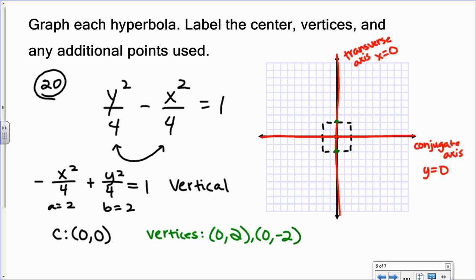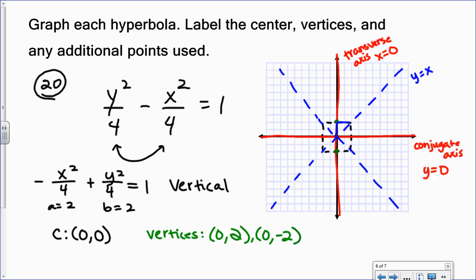Okay, before I can draw in the hyperbola, I need the asymptotes. So we can sketch those. We can go ahead and talk about their equation too. So you have 2 asymptotes. So if I want this equation, if I go up 2 and right 2, what's the slope? 1.